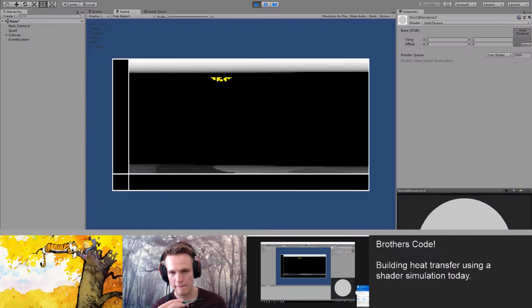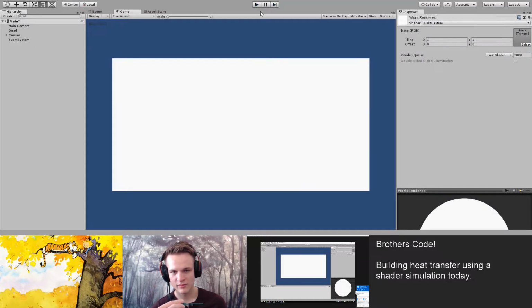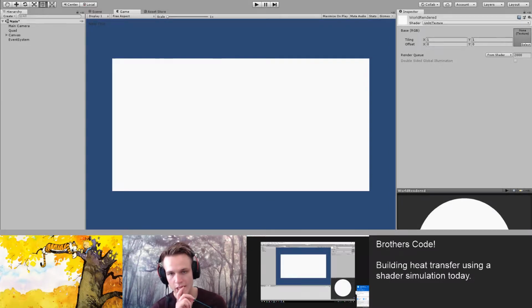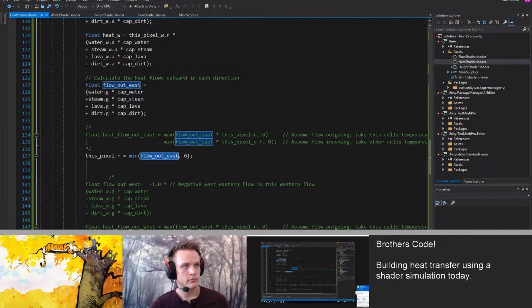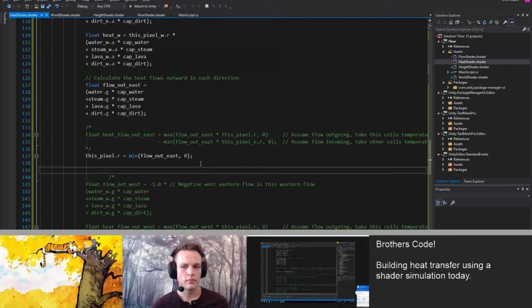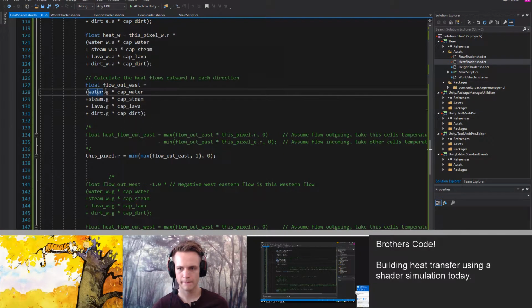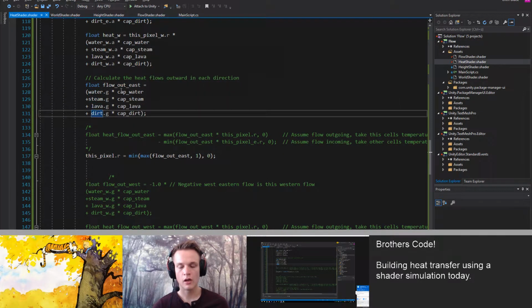So this should give us blue, the eastern flow, which is blue. Why is that blue? Because these are big numbers. Are they greater than 1? Oh, the flow is greater than 1? How can the flow be greater than 1? You're storing all these values in green, and this is 1, and that is 1, and that is 1.